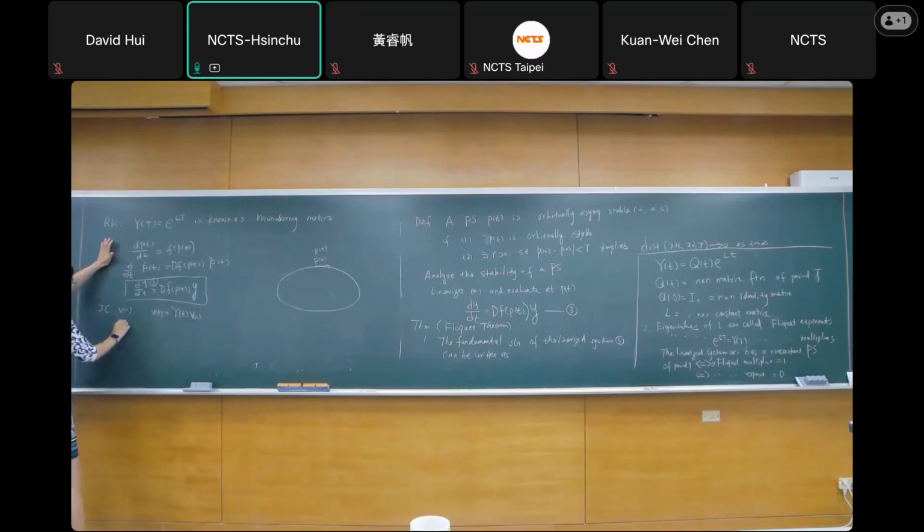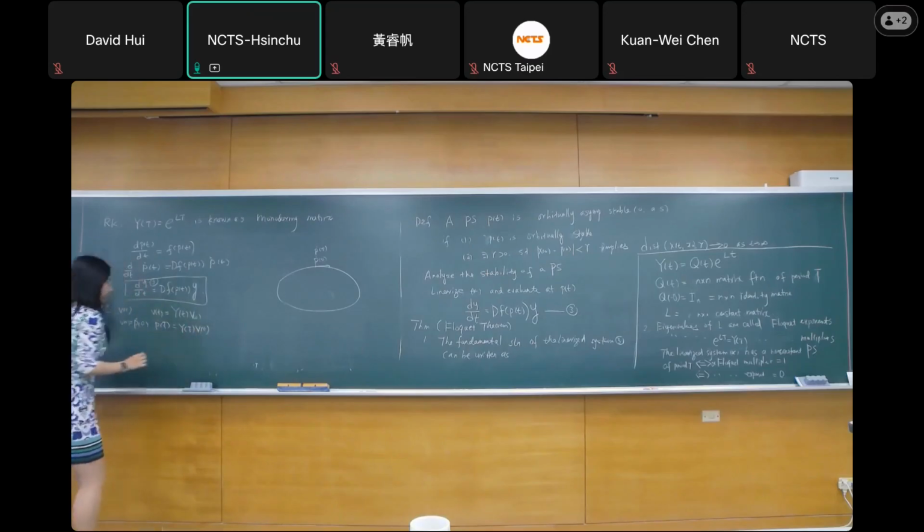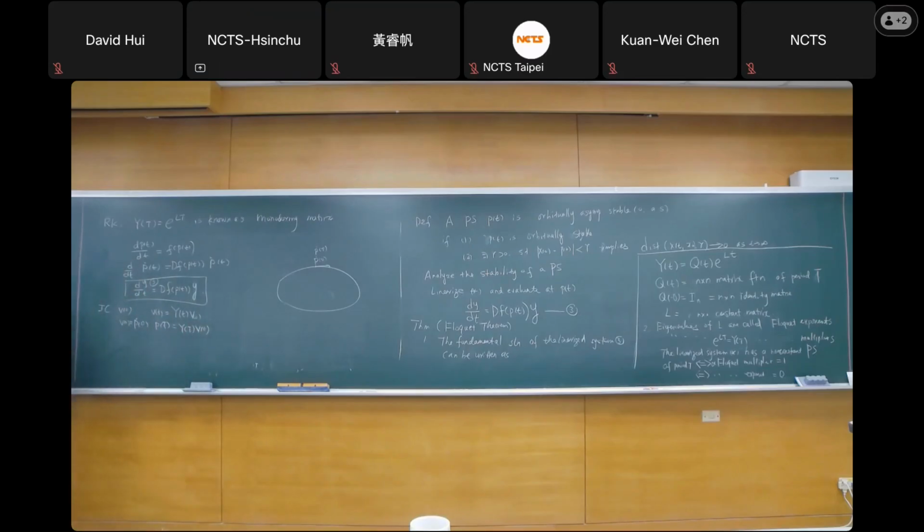But now if you take V0 to be the tangent at your initial location, where do you send that? You send it to P dot of t, because in the linear system after one period you're back at capital T. However, we know this is a periodic solution. So what's the relationship between those?